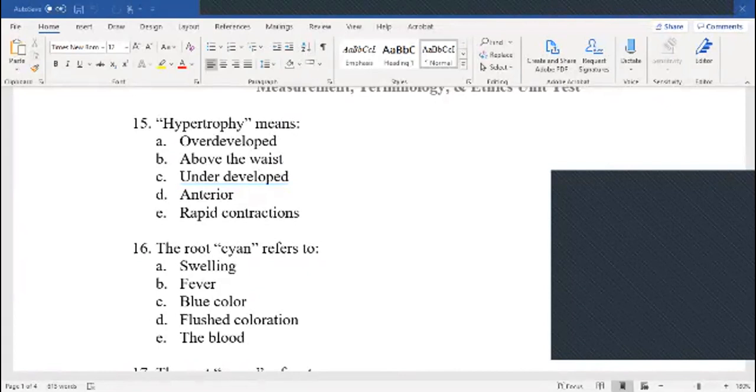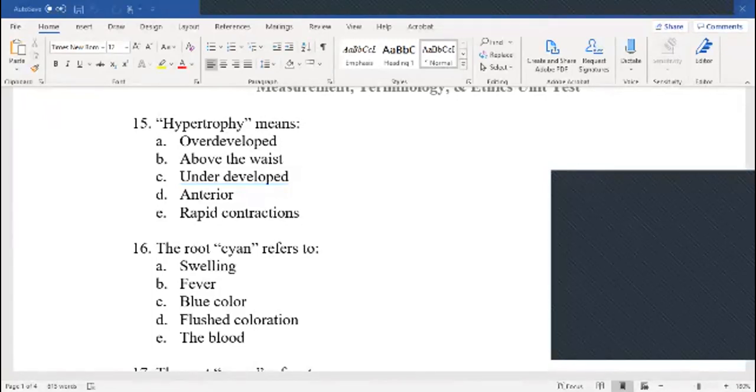Underdeveloped? No, not underdeveloped. Hypertrophy, somebody tell me what hypertrophy would mean. It's hyper. Increase. Overdeveloped. Yeah, number 15, overdeveloped. Hypertrophy is overdeveloped.